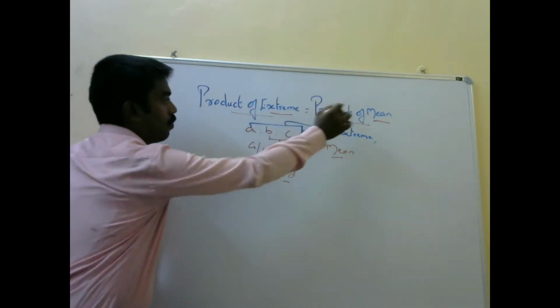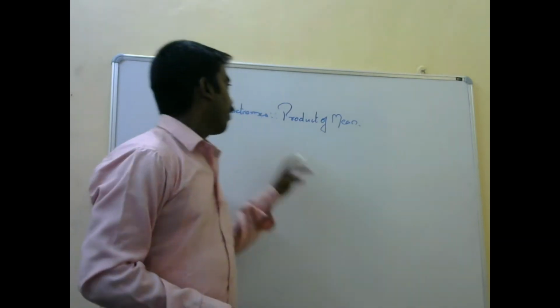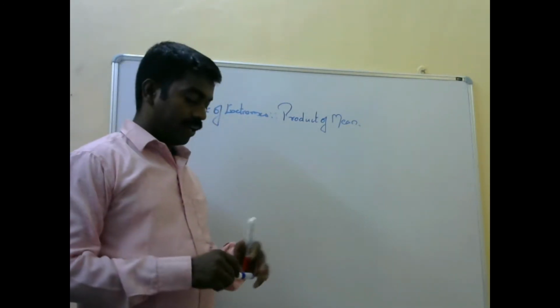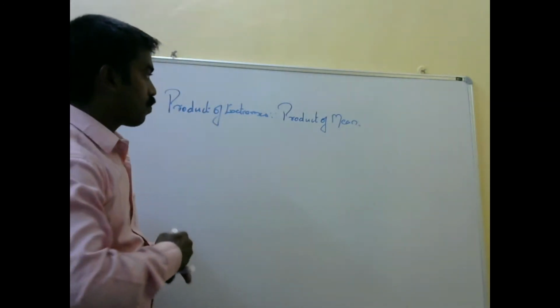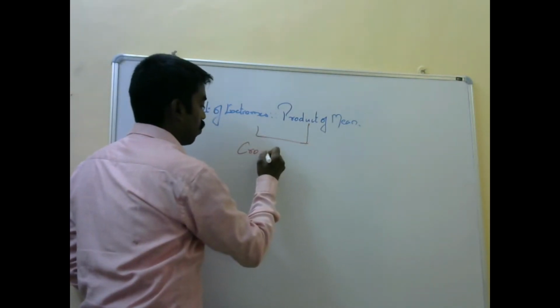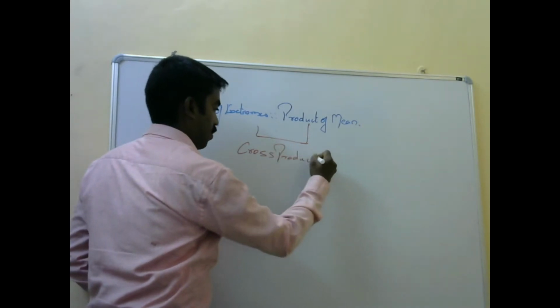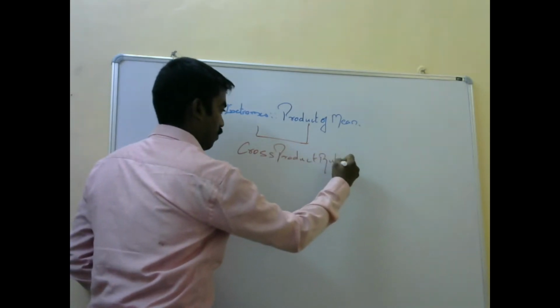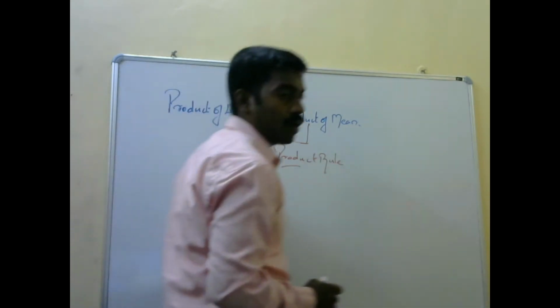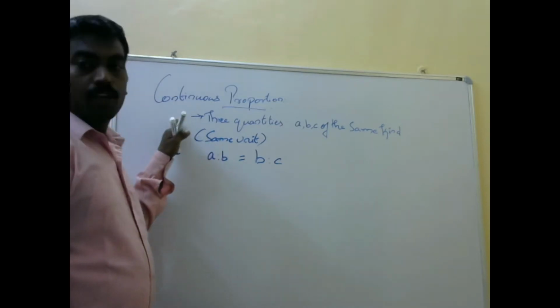Product of extremes is equal to product of means. Please note this down. This is called the cross product rule. Next we are going to see the topic called continuous proportion.